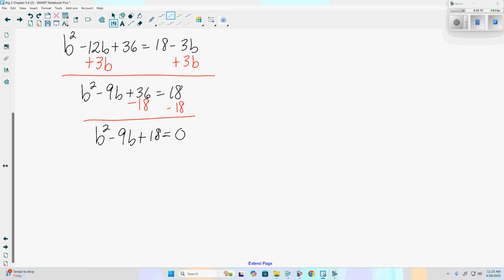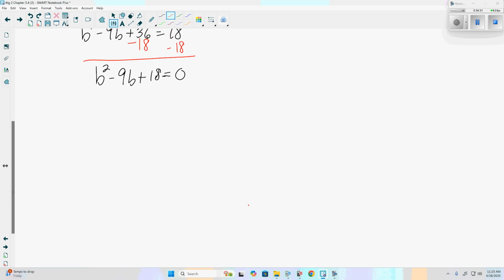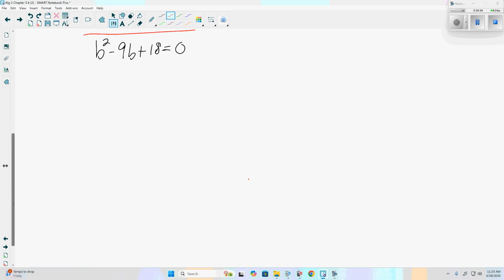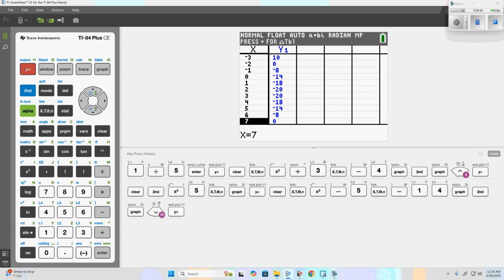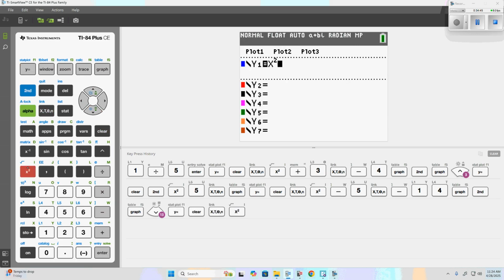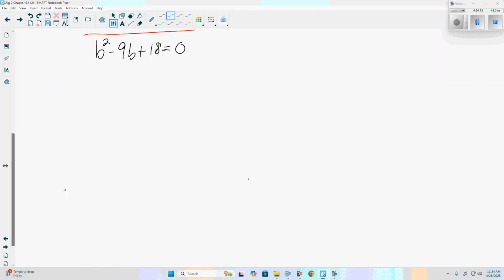No. Is the number in front of b squared different than 1? No, it is 1. So that tells us we can graph this and get nice solutions. And when I say nice solutions, I mean integers, non-fractional, non-decimal solutions. We wouldn't type it in as b squared or b. We can just say x squared minus 9x, I think it was minus 18, plus 18.